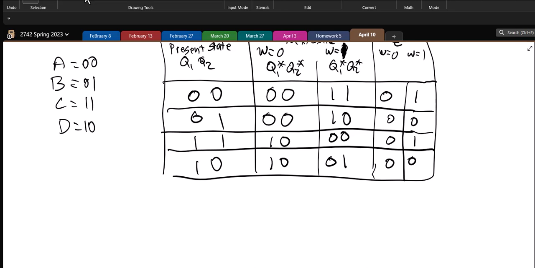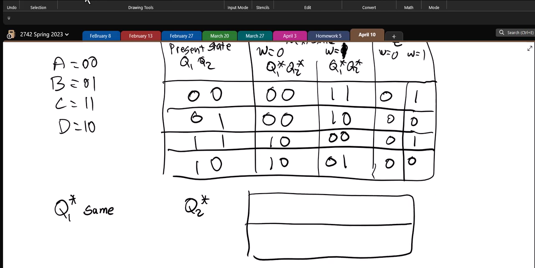I'm just going to do a little bit of it. So Q1 star ends up actually being the same, but Q2 star is different. So we'll do that one. Zero, one. So I'll do it in the right order this time.